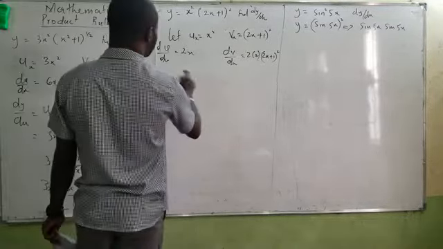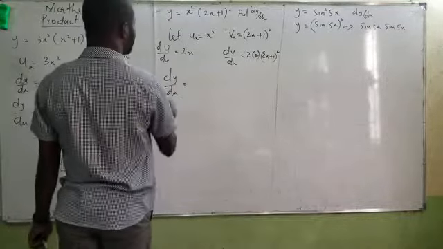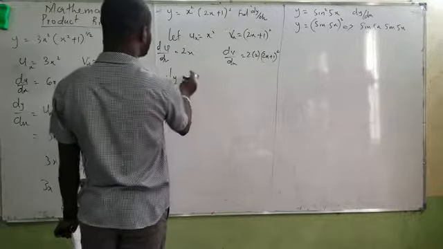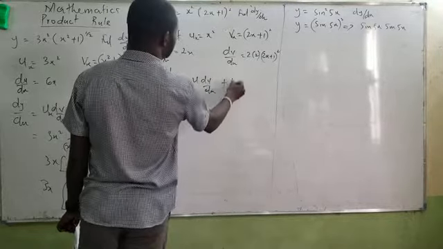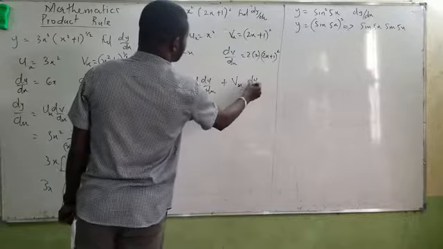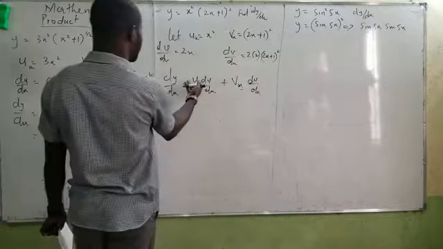Which I'll be having 4, this becomes 4 dy/dx equals to, okay, what is my u? u dv/dx plus v du/dx, they are all in function of x. This is my u.